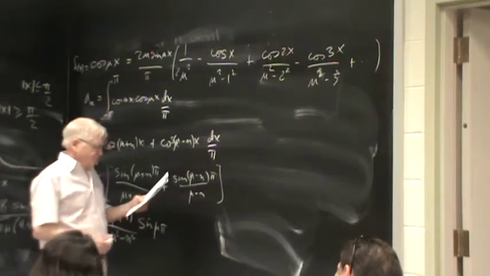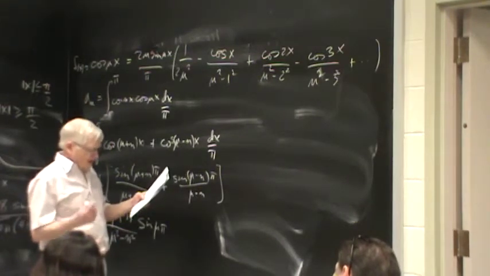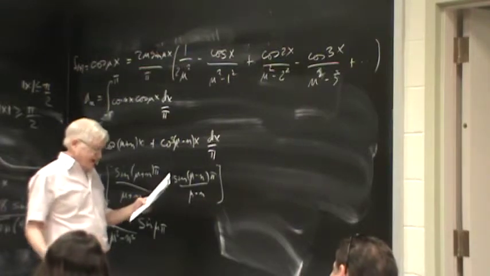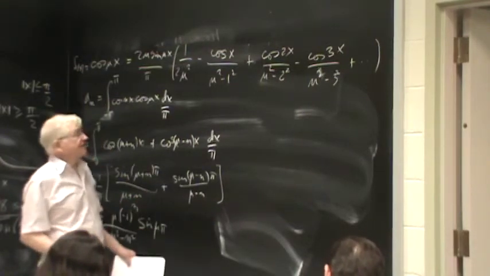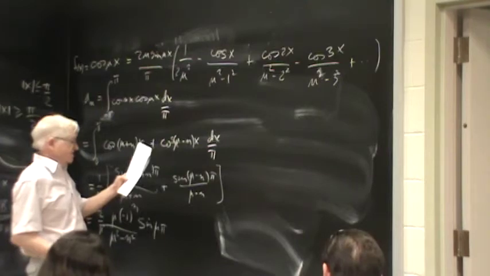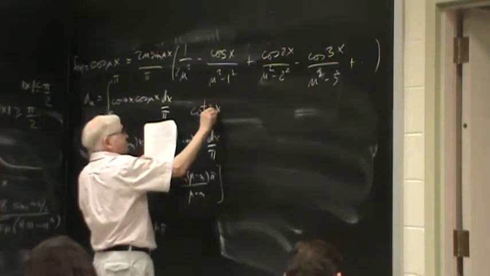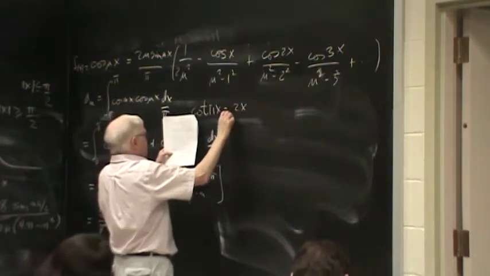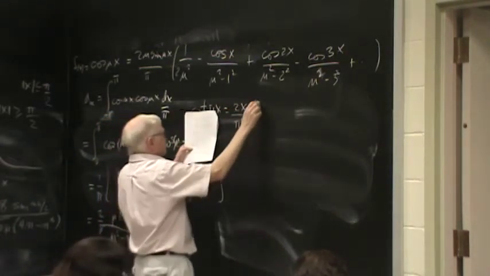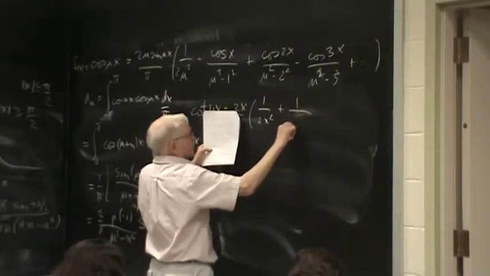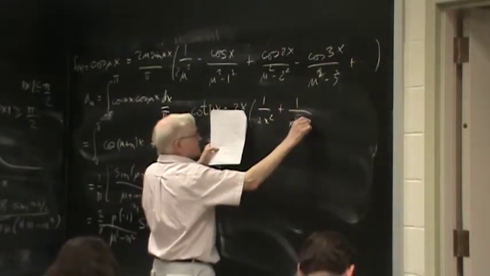What you can do is set x equal to pi, divide by the sine of mu pi, replace mu with x, and then you wind up with a cotangent expansion. Cotangent of pi x is 2x over pi, times 1 over 2x squared plus 1 over x squared minus 1 squared.